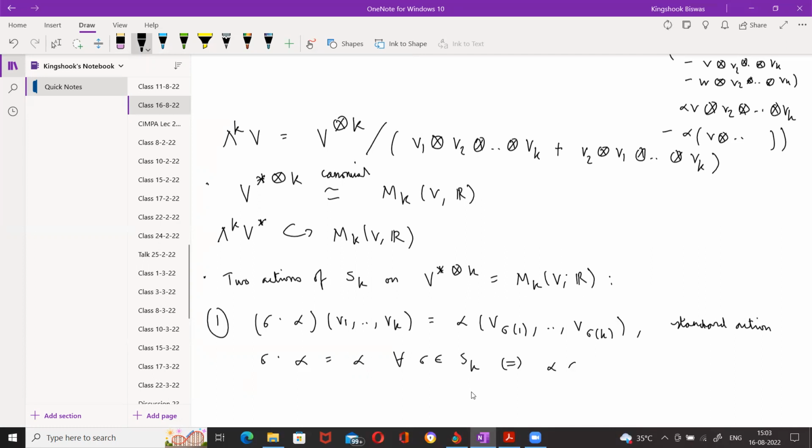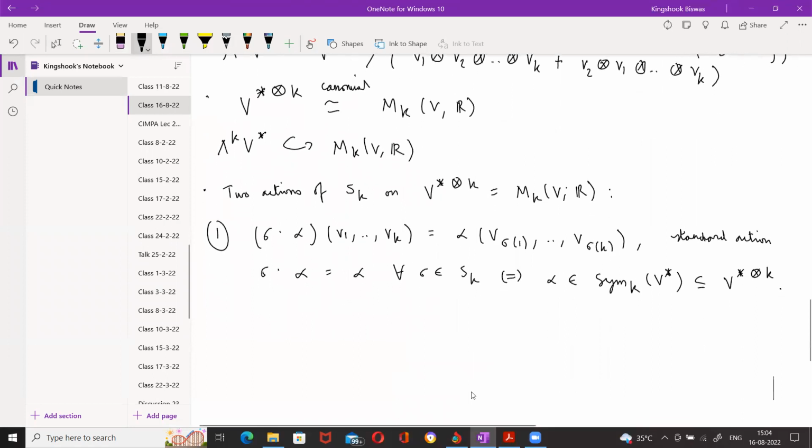So alpha belongs to Sym^k V star, a subspace of V star tensor power k. Okay. Now, how will you construct something which is invariant under the whole group? What's the obvious thing to do? Average it out.